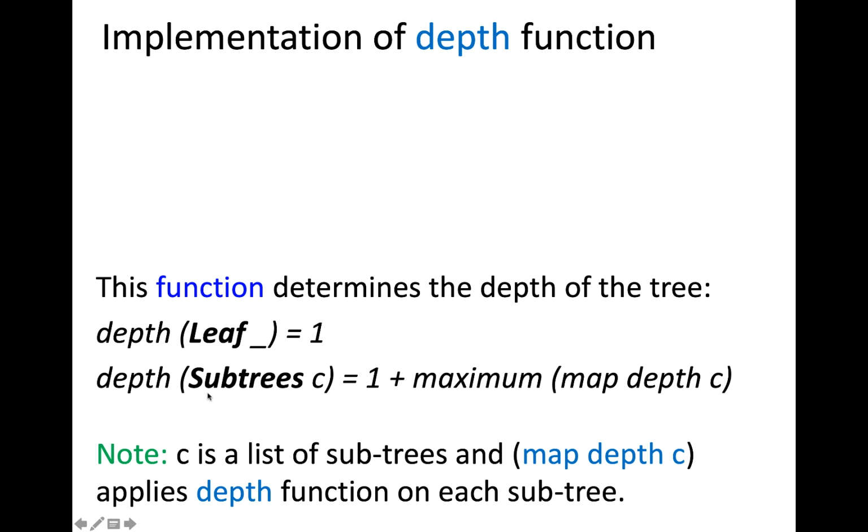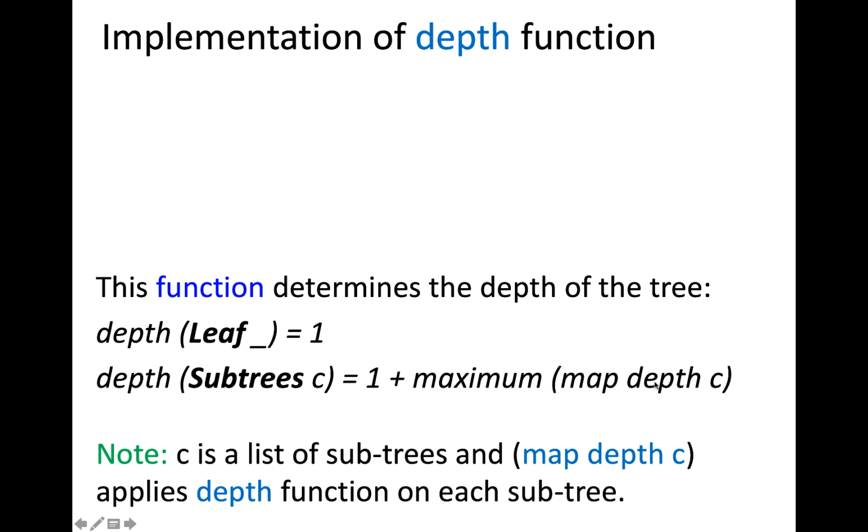And in other cases, when the tree has subtrees and that subtree array is C, then we can compute the depth of each tree in the subtree array. And how we do that? We use map and apply that same function depth on each item. That is how map works, right?